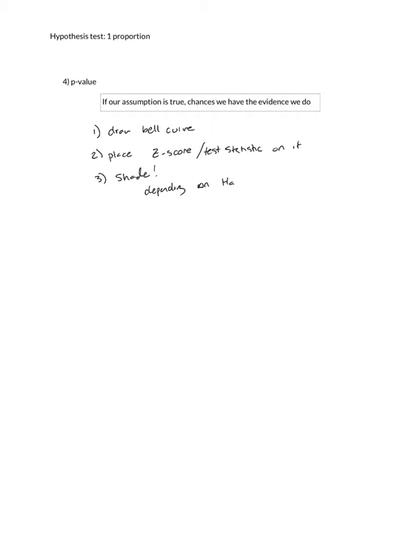If our alternative hypothesis said greater than, then we will shade above wherever our z-score is. If our alternative hypothesis was less than, we'll shade below wherever it is. We'll add in the third option, which is not equal to, later on.